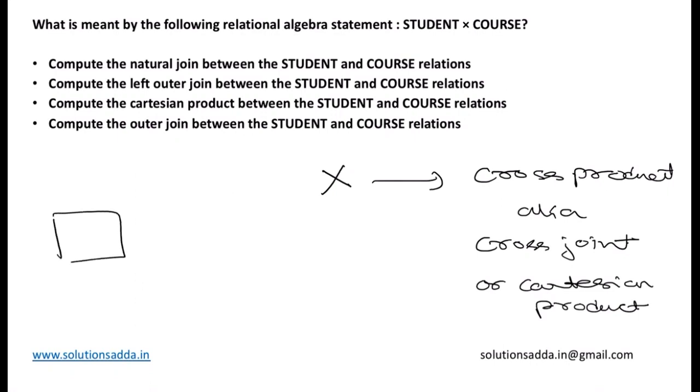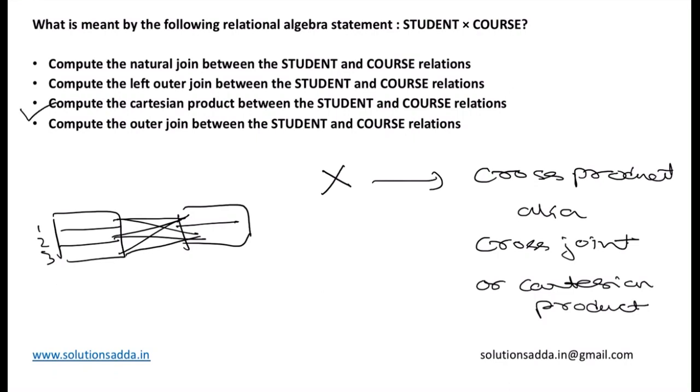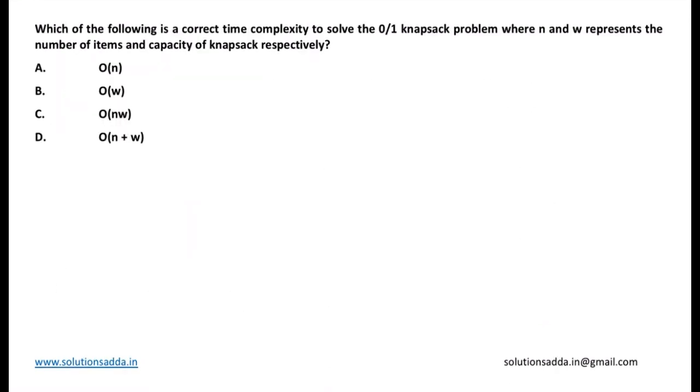So suppose in table 1 there are 3 entries, and suppose in table 2 again there are 2 entries. So with each entry of table 1 it will combine the other 2 entries of table 2. So correct answer is option C, compute the Cartesian product between student and course relation.